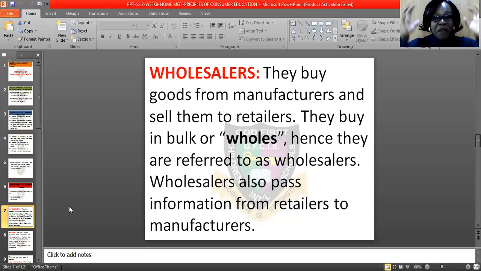They buy in a very big quantity, hence they are referred to as wholesalers, because they don't sell bit by bit. They don't sell in cups. They sell in whole. So they are called wholesalers because they don't sell their goods bit by bit.